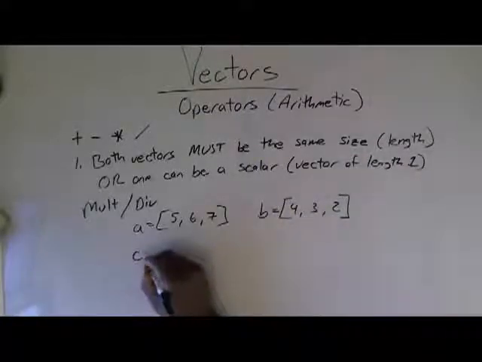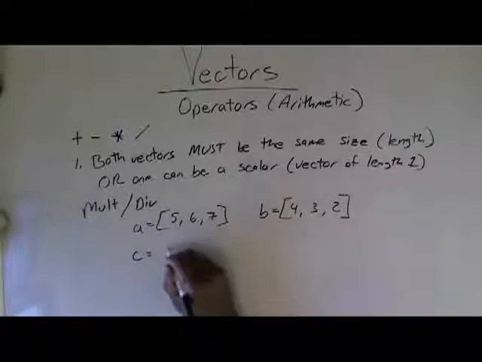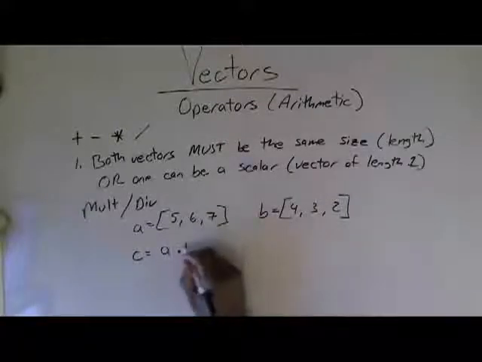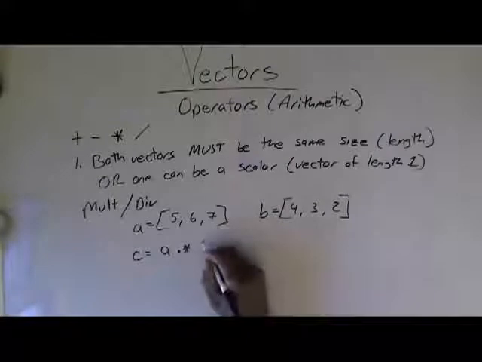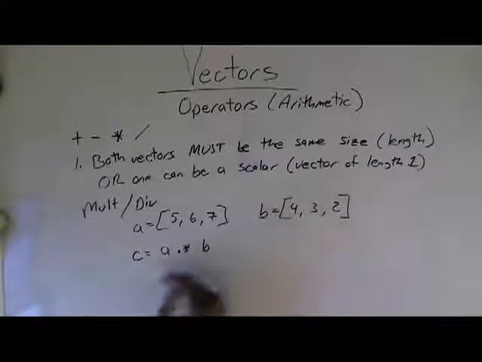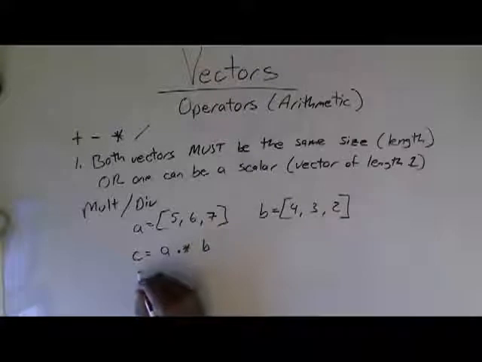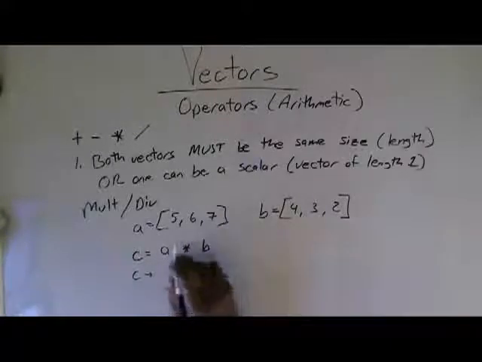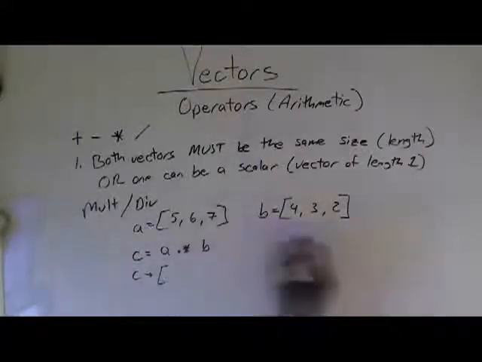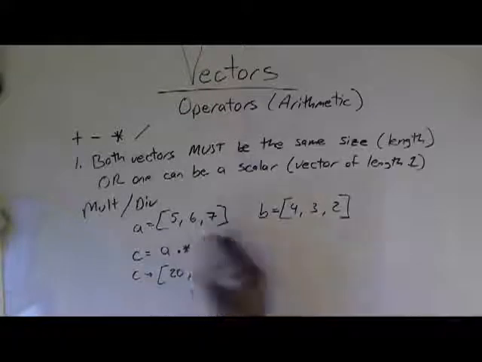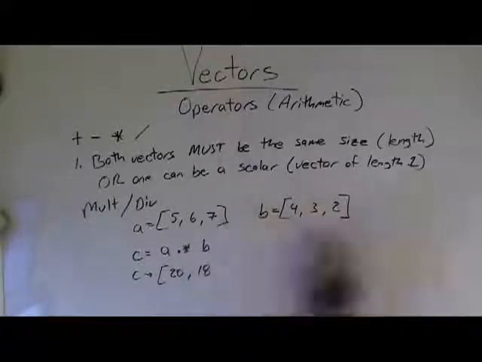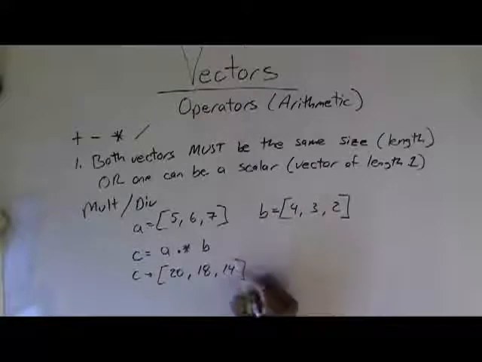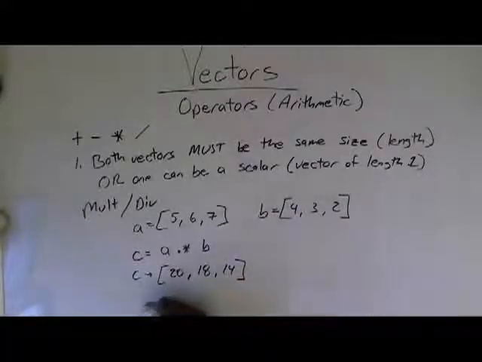Then if we did C equals A dot multiply B, then we do element by element multiplication, and so we wind up with C equals the vector 5 times 4, which is 20, 6 times 3, 18, 7 times 2 is 14. Okay? Then, now we don't necessarily need the dot notation if we're using just a scalar.